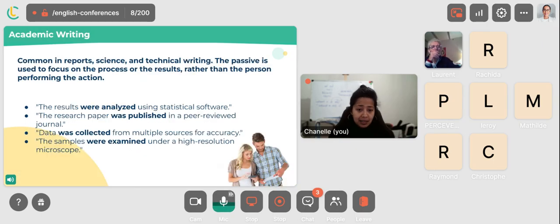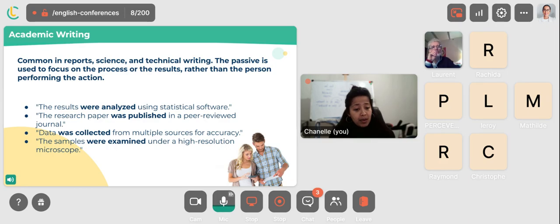In academic writing, you'd find that the passive voice is common in reports, science, and technical writing. The passive is used to focus on the process or the result rather than the person performing the action. The results were analyzed using statistical software.